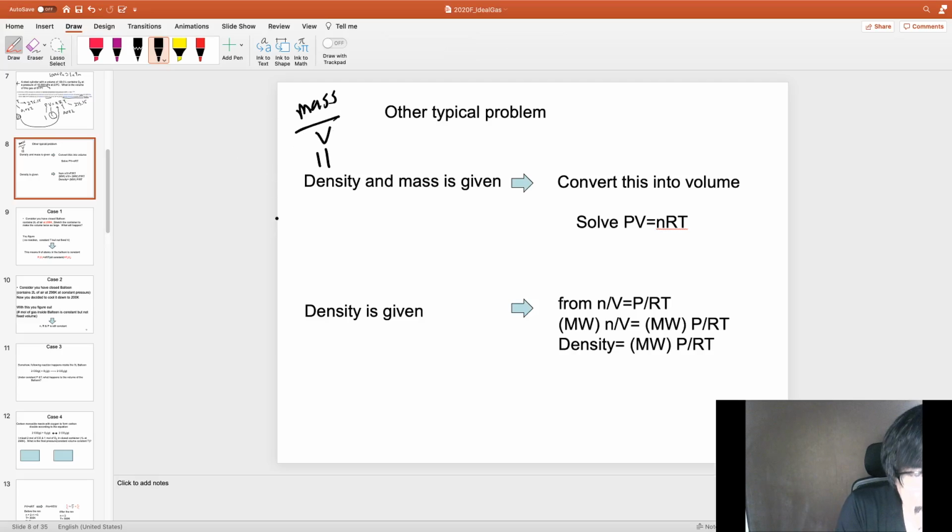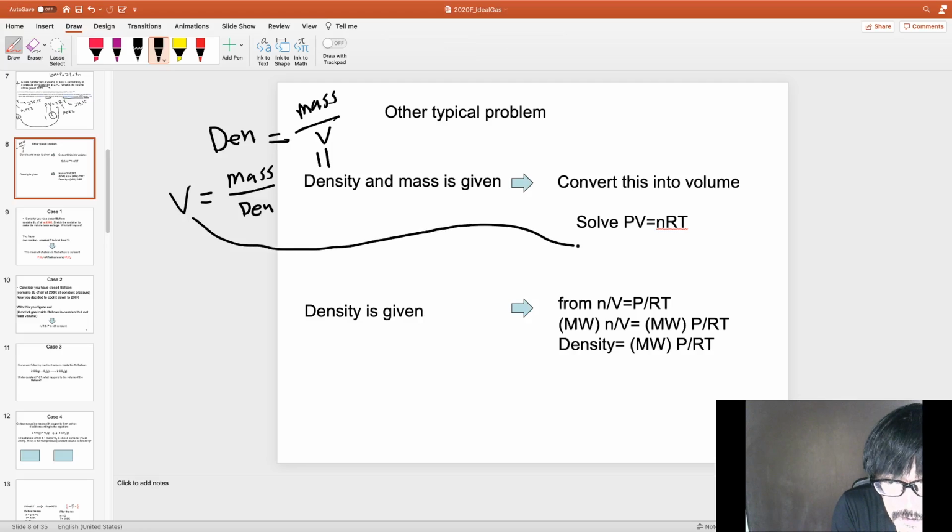If the density is given, and if I also give mass too, then you can actually solve for the volume. The volume is equal to mass divided by density. And then you just use that volume right here. Then you can actually solve PV equal nRT.